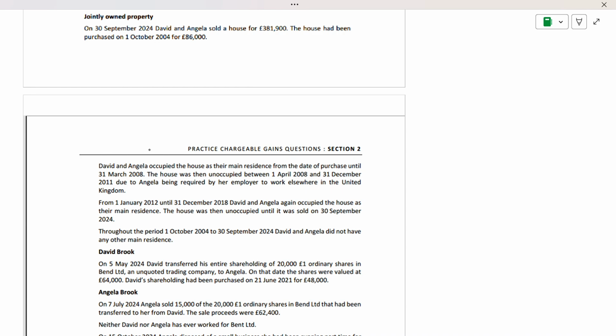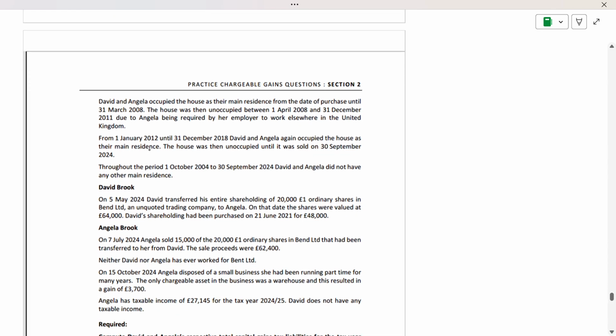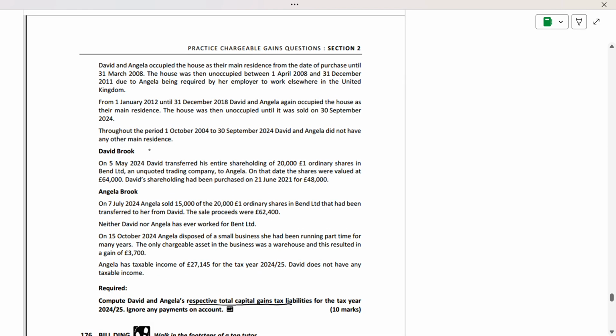From 1st January, they again occupied the house as their main residence. The house was then unoccupied until it was sold. Throughout the period they did not have any other residence. So the number of days is what you have to calculate.